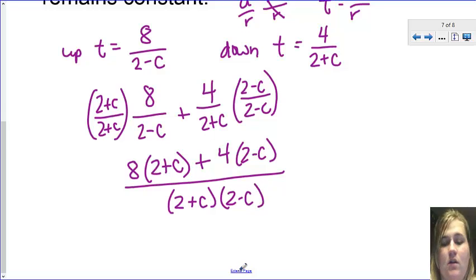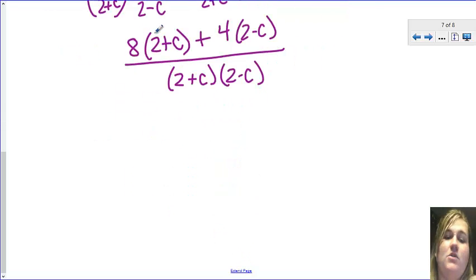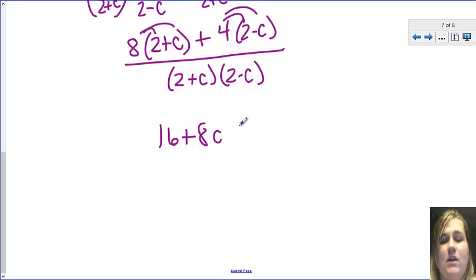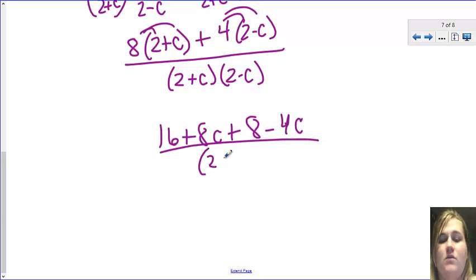So I can do some simplifying now. I'm going to distribute my 8, distribute my 4. So I have 8 times 2 is 16 plus 8c, and then plus 4 times 2 is 8, and 4 times negative c is minus 4c, all over my common denominator, 2 plus c times 2 minus c.